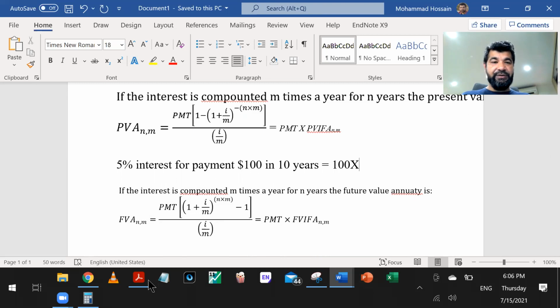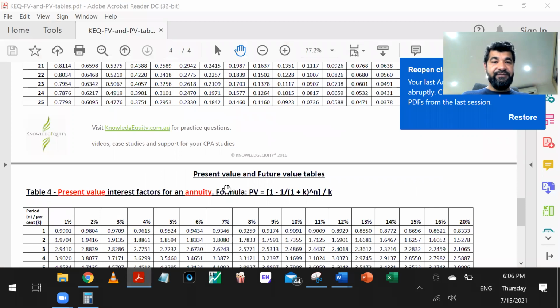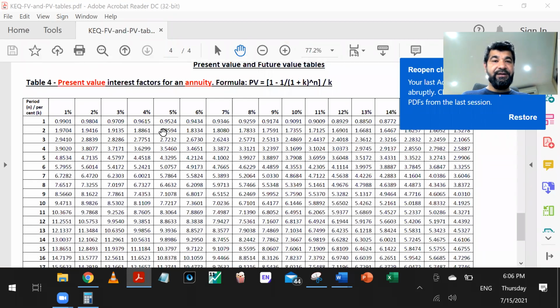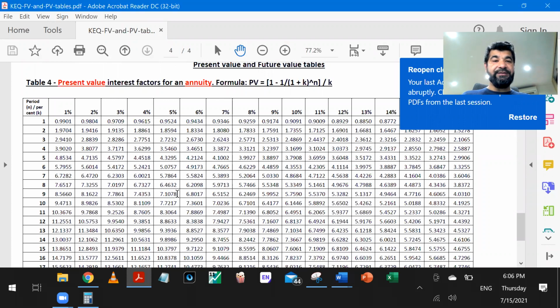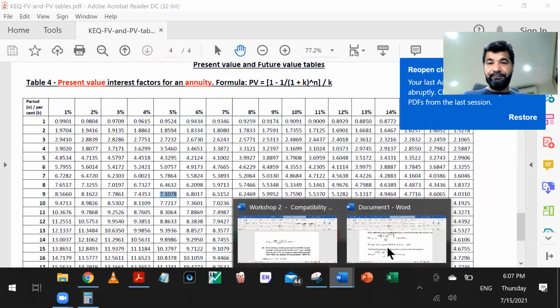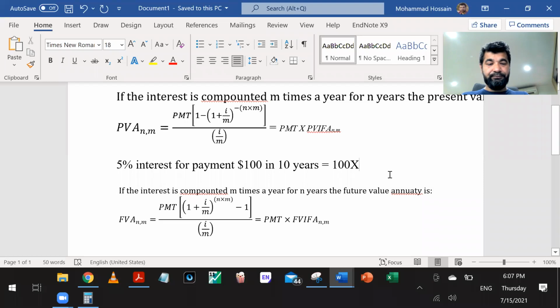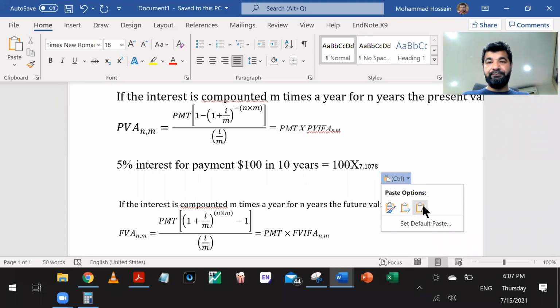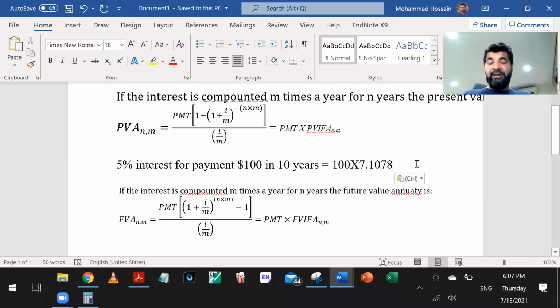Let's get to our table, present value annuity. 5%, 10 years, 7.1078. See that? Which is equal to 710.78.